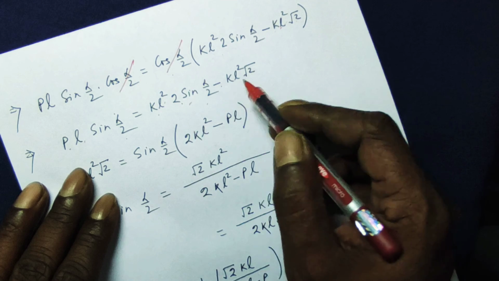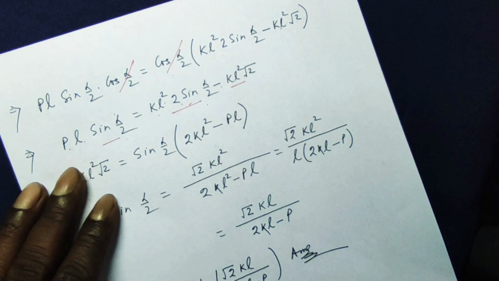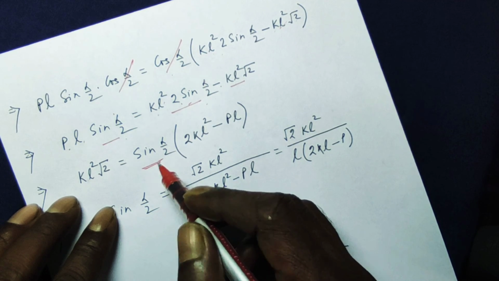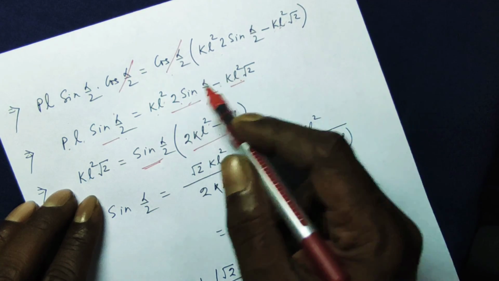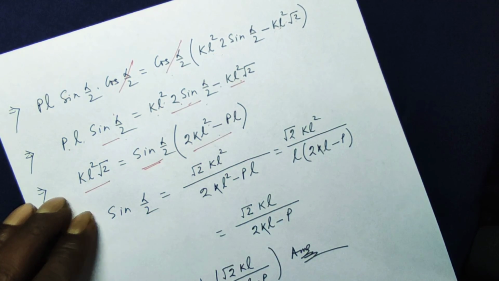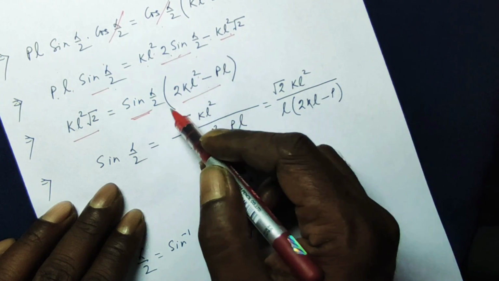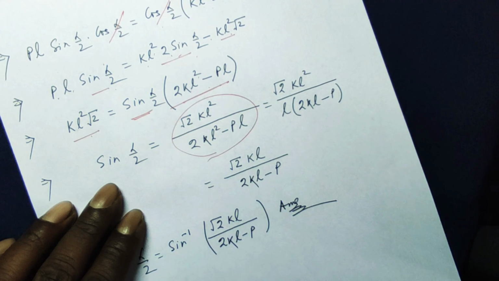2 sin alpha by 2 minus this. Here is sin alpha by 2, sin alpha by 2. I keep them on one side and take sin alpha by 2 common. So I am left with 2 KL square minus PL, and this comes to the left hand side, KL square root 2. So now this is multiplied here, it can come to this side, so it is divided.